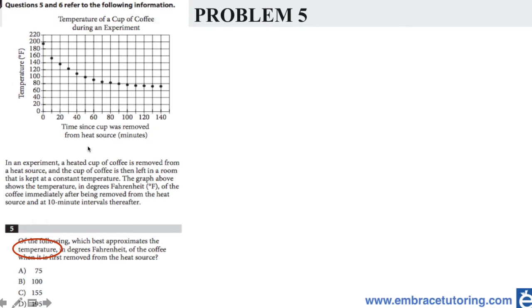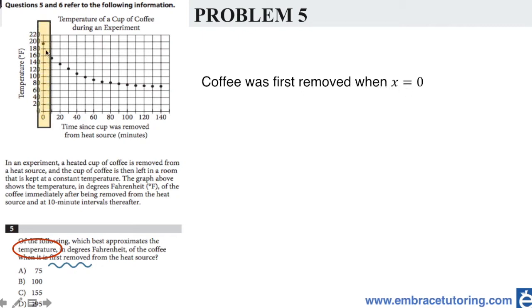So I want to pay attention to those two things because in this case, I am trying to find the y value. I'm trying to find the y value of when it is first removed from the heat source. And first removed, the time is essentially 0, right? So I'm going to be looking for when the coffee was first removed, x equals 0. So it's going to be in this range here, right, of kind of these parameters on the graph.